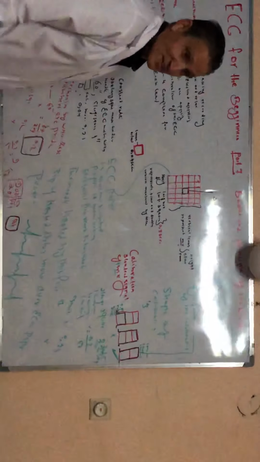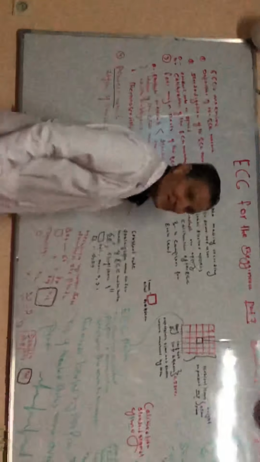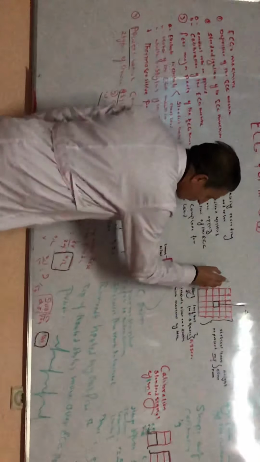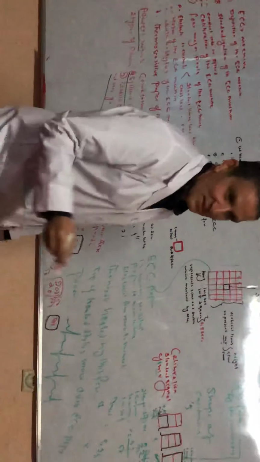Suppose this is the ECG paper, and this is a large square, and within this large square you see small squares. This is the horizontal line. The horizontal line of the ECG paper represents time and duration. The time and duration of the wave, segment and interval should be taken from the horizontal lines. The vertical line provides information about the height of the waves. For example, normally the P wave has 2.5 millimeters.